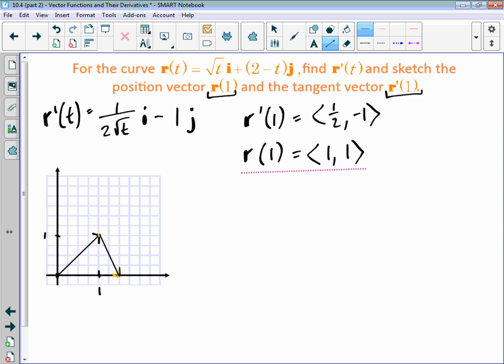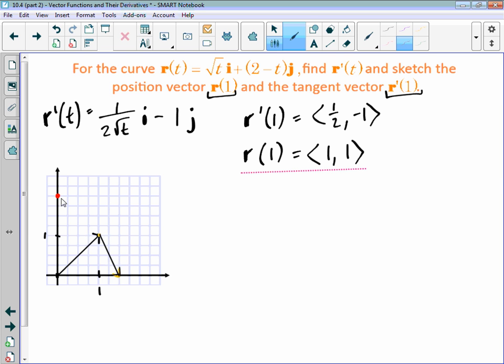Now, if you sketched in that curve, I'm not going to get super technical because we've done our curve sketching already. But if we sketched in that curve, it would start, let me see here, if I plug in t is 0, do you guys see how I get 0, 2? So that's where this graph would start, up at 0, 2.